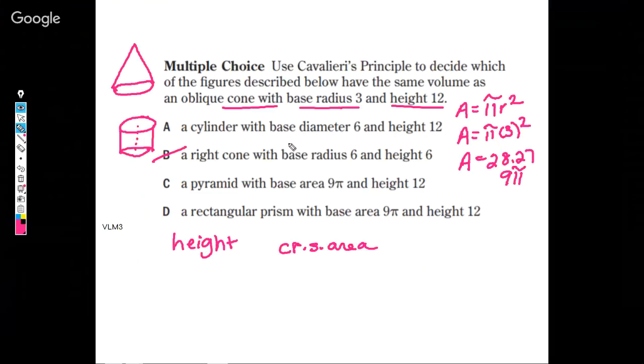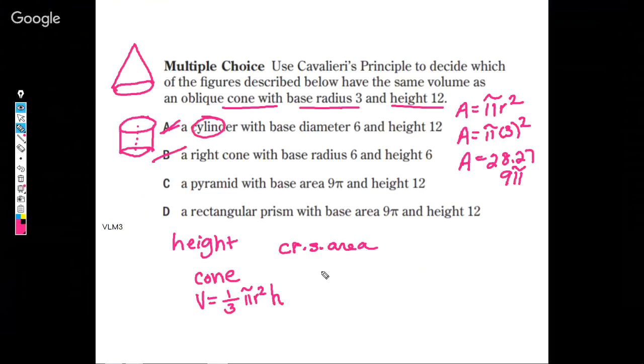So we're going to eliminate choice A because of the word cylinder. Because the formula for a cone is what? Who remembers? It's also on the formula sheet. 1/3 pi radius squared times height. Excellent. 1/3 pi radius squared times height.